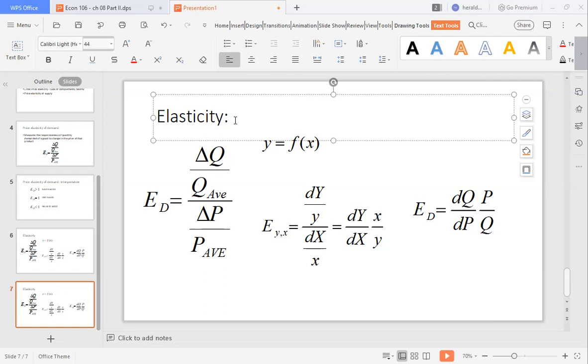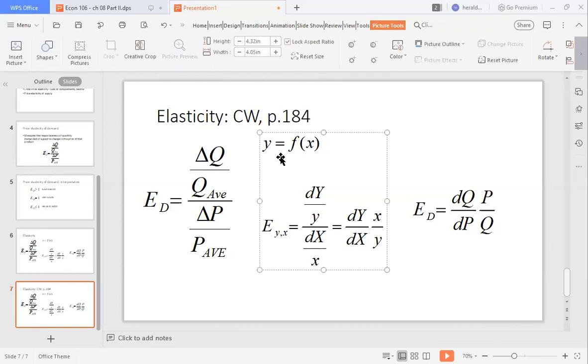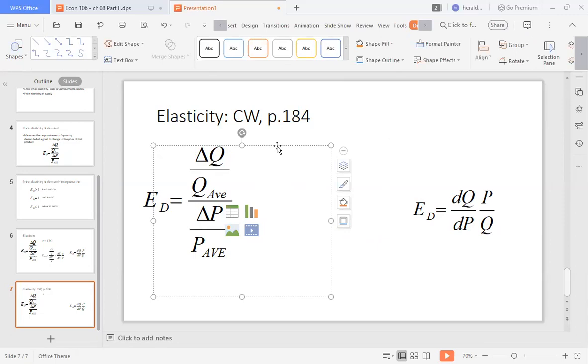Okay. All right. So again, I will just be using an example from the book. You can follow at page 184. So okay, put this one on the side.